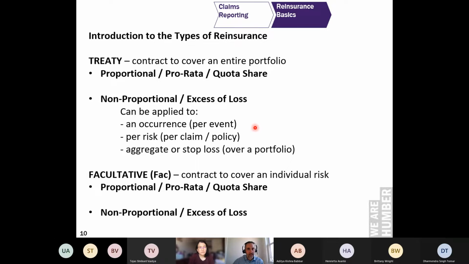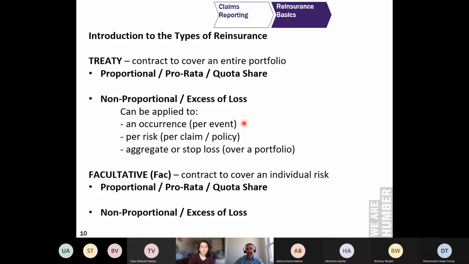And I think we got a question on this last time, and I think this is where that question came from, of what do these things mean here? That this loss could be applied to an occurrence. So it could be on an event basis, which is where you get a catastrophe. It could be many claims that all happened because of an ice storm that happened on February 11th, right? I just picked that day.